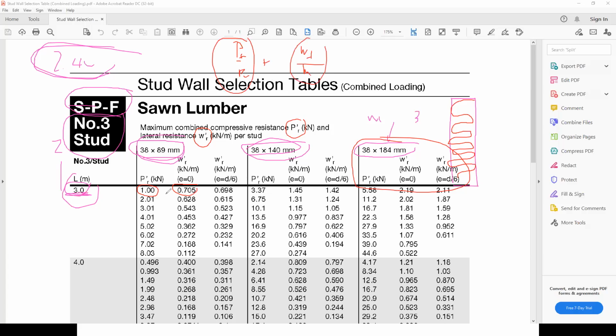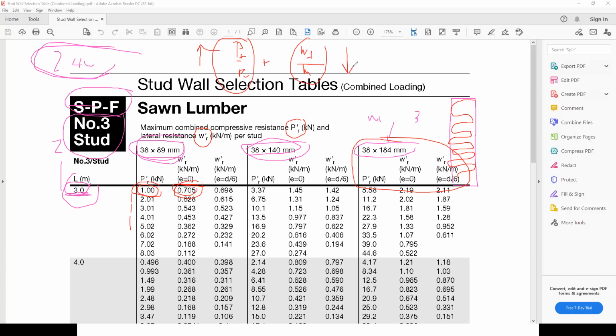So what they did here is they said, well, let's fix this. If this happens to be a PR of 1, I can go up to a WR of 7.7. So as the PR gets bigger and bigger, in other words, as this ratio gets bigger and bigger, this one has to get smaller and smaller.